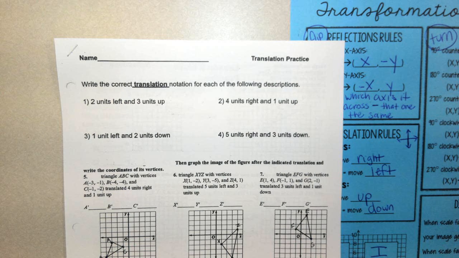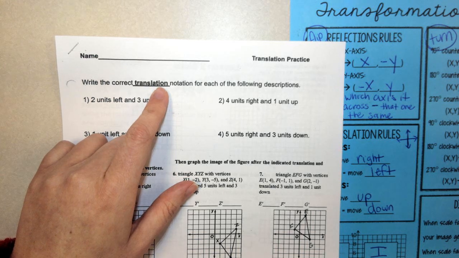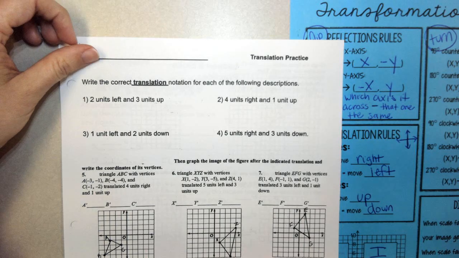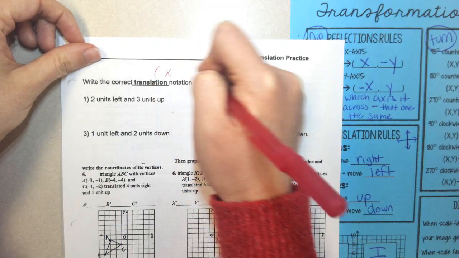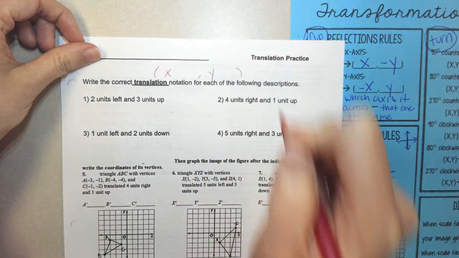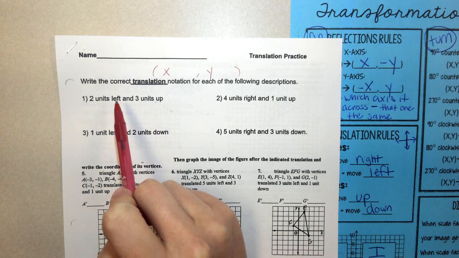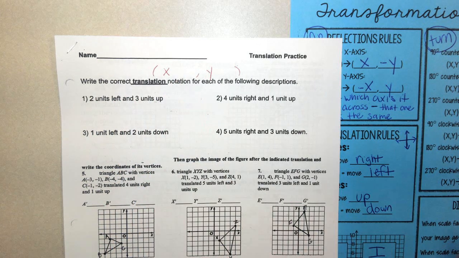Okay? So first part, this one wants the translation notation. We also call this algebraic representation throughout the chapter. So this is going to be where you do your ordered pair, but you have to pay attention to what's happening and what direction it's moving and what you're doing with your x and your y value.